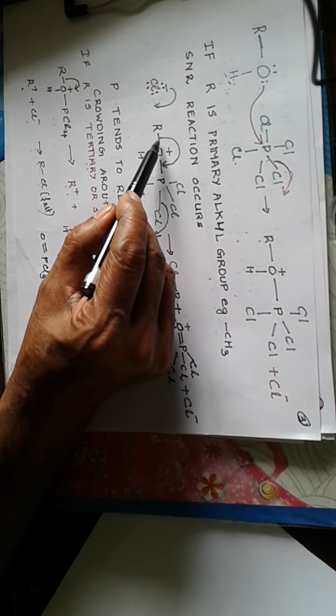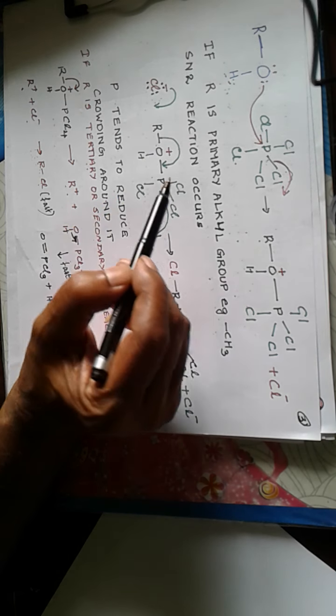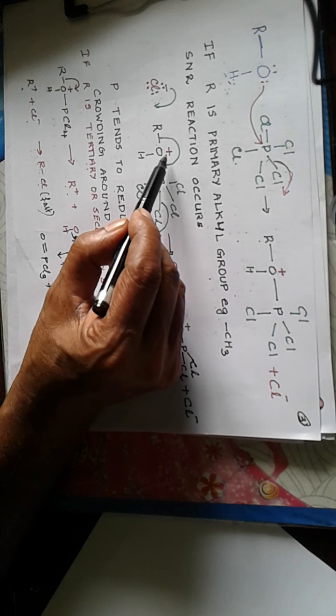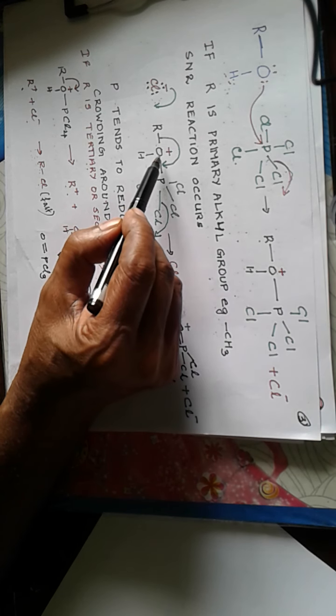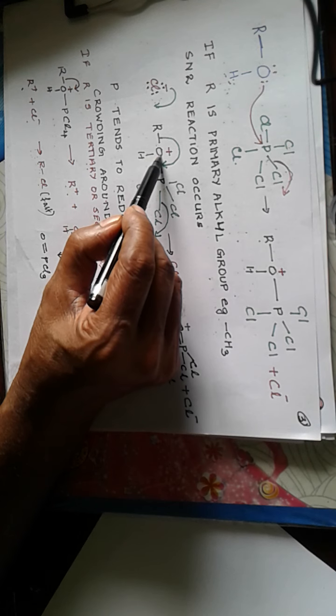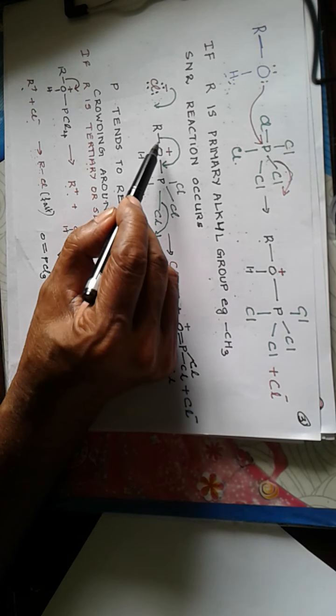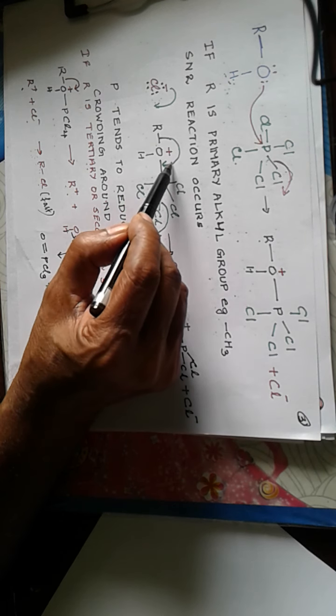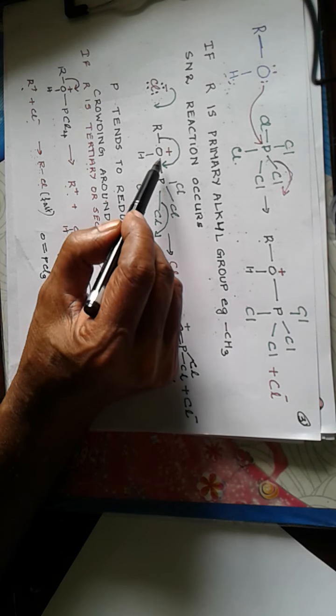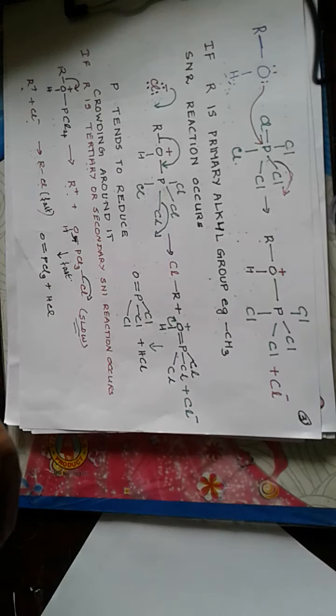Then two things may happen: this pair of electrons is taken up by oxygen nullifying its positive charge, or this pair of electrons moves directly to the position in between oxygen and phosphorus, that is, you think mechanically the bond is rotating 180 degrees so that it comes in between phosphorus and oxygen.